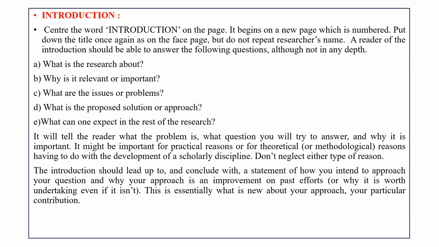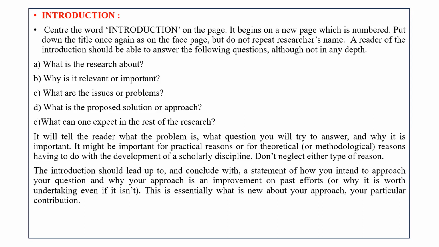Now the final paragraph should include, so you have written all the background, and at the end you are writing the final paragraph. So the final paragraph should include a more specific definition of your variables. So here you have to very specifically mention your variables, whether it is a dependent variable or independent variable.